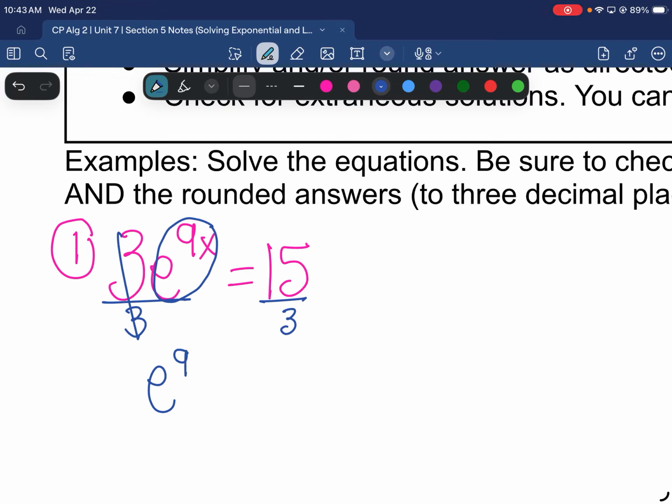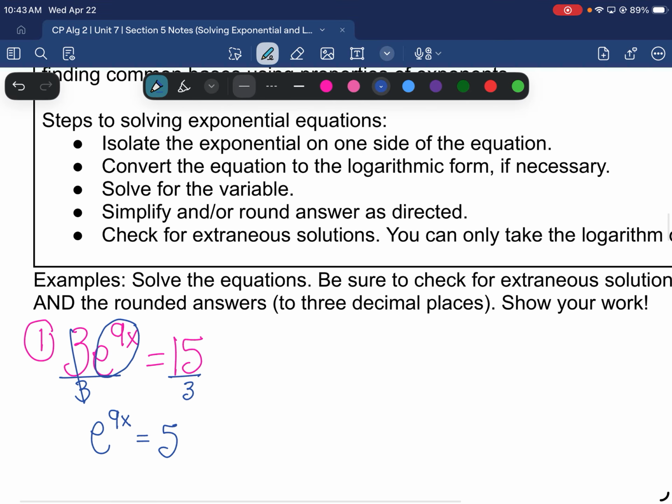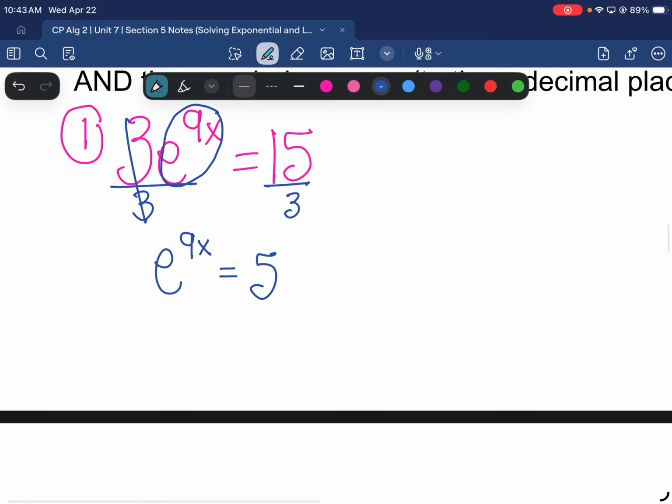So here's what we have. e to the 9x power equals 5. Now is that exponential by itself? Yes. It is e to a power. Whatever is raised to a power, that's what you need by itself. Now I need you to convert it to the log form. So be careful about this because my base is e, right?